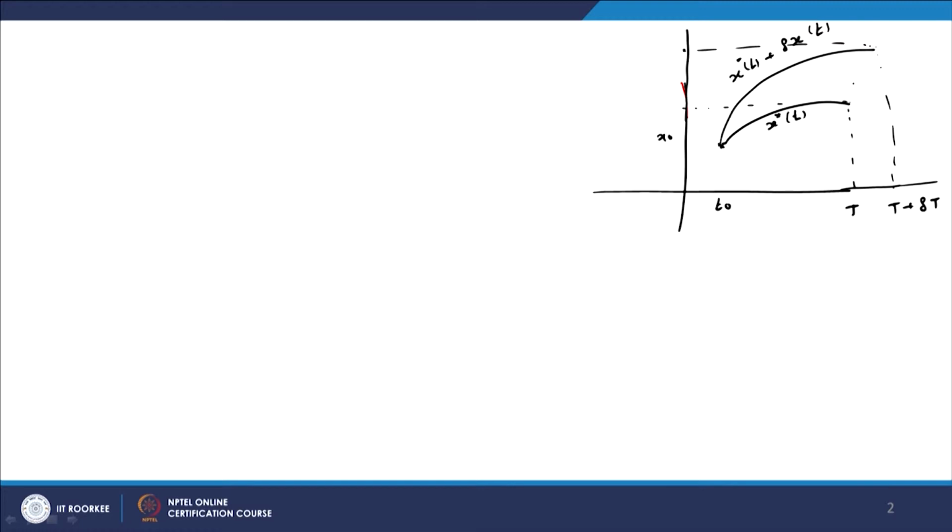Now, we can see here this expression, and this particular point if we take. This is the variation in x of capital T, which is x of capital T, and the next one is x of capital T plus del x of capital T. The variation in this expression is different.